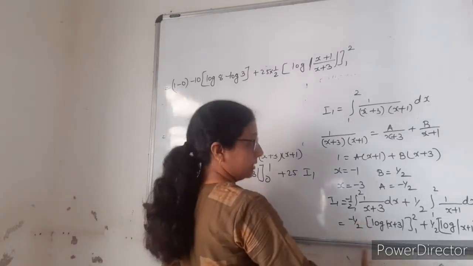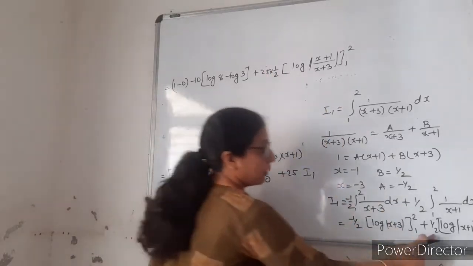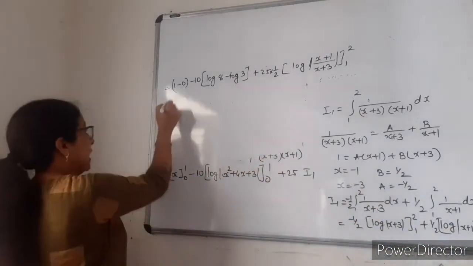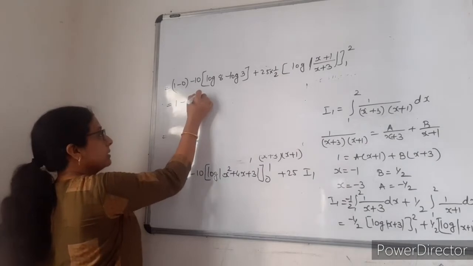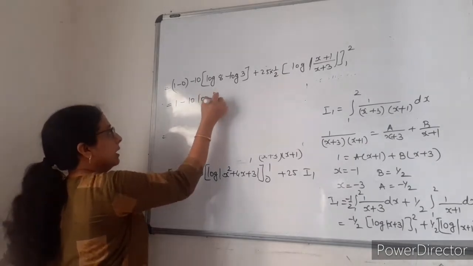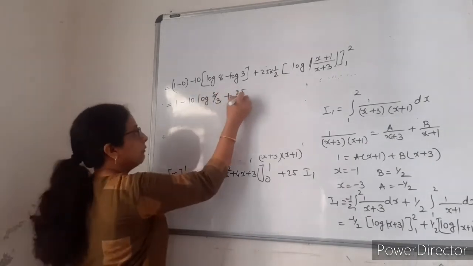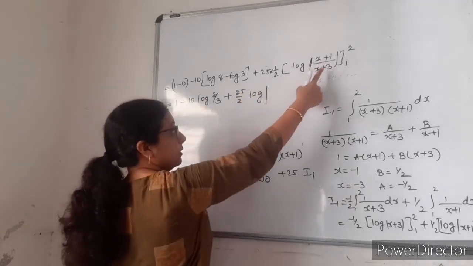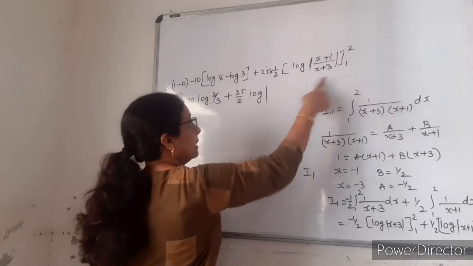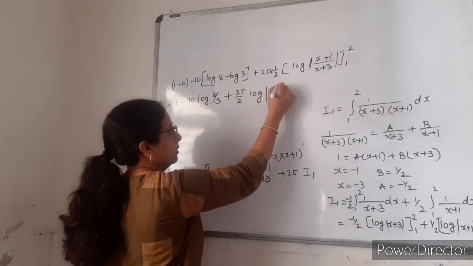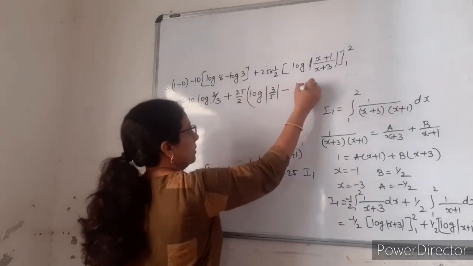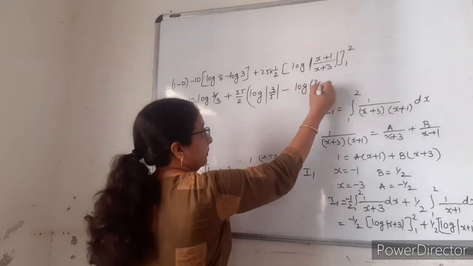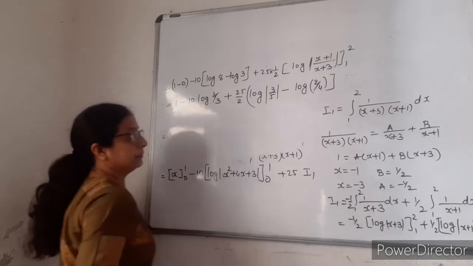Just simplify it. This is minus, so I will take this 1 by 2 common. This upon this, limit 1 to 2. So that is 1 minus 10 log 8 by 3, 25 by 2 log mod, here 2 plus 1 over 2 plus 3 is 3 by 5, minus here 1 plus 1 over 1 plus 3 is 2 by 4.